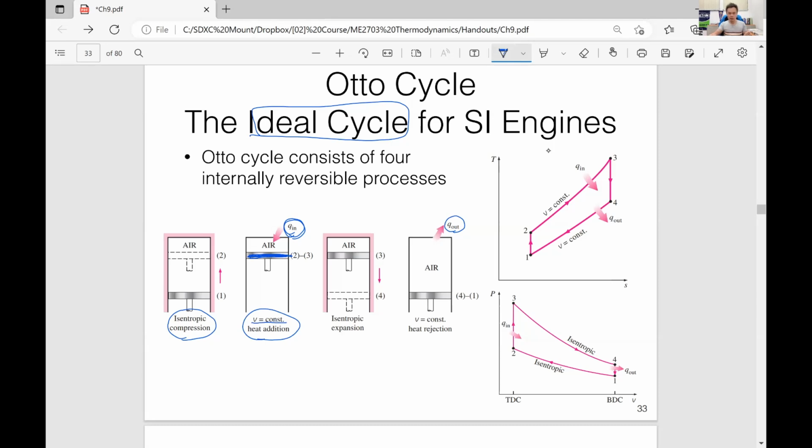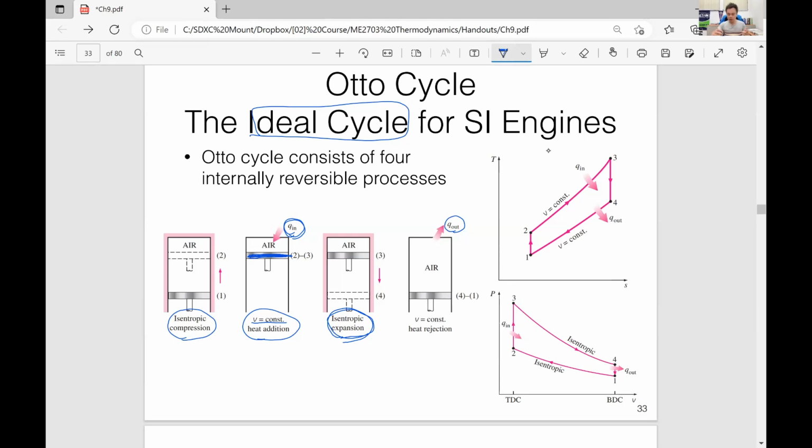Then because we have a Q-in coming, the piston moves down, and that produces power. So this is an expansion process. During this expansion process, we purposely assume that the system is adiabatic. Adiabatic and reversible makes this expansion isentropic. So this is an isentropic expansion.